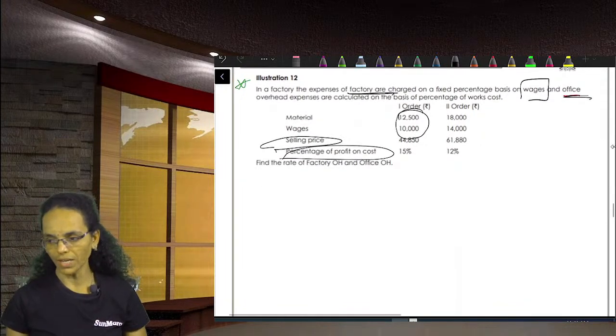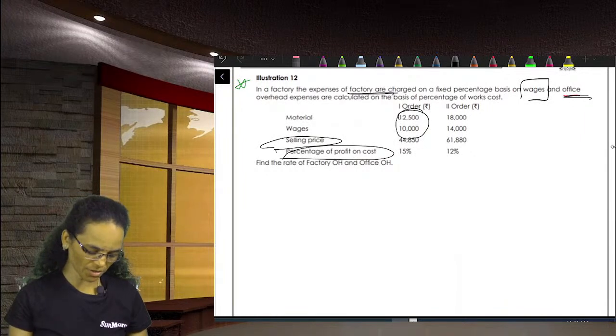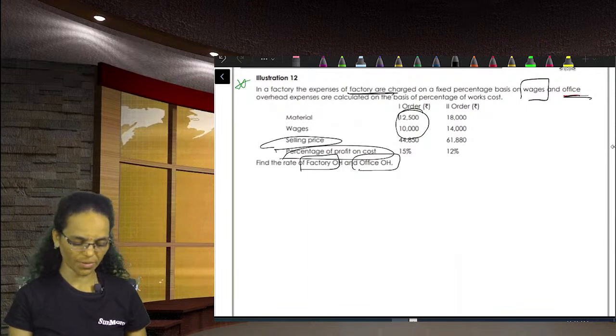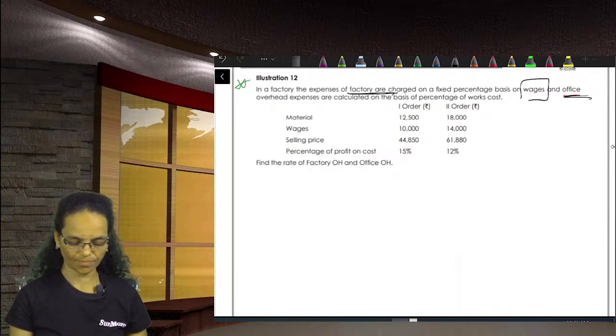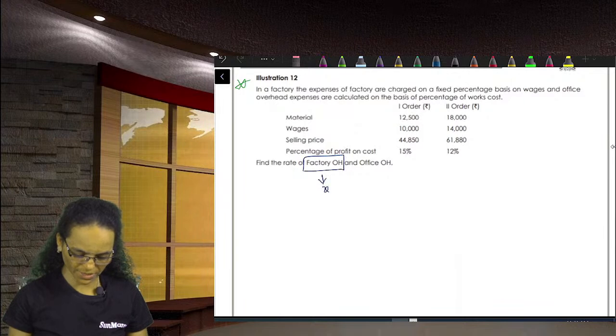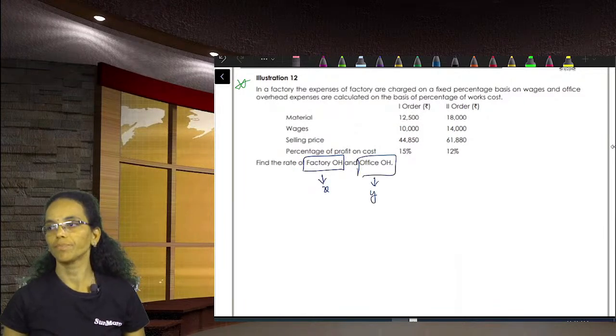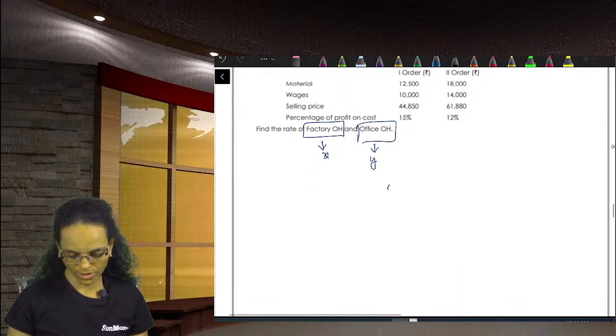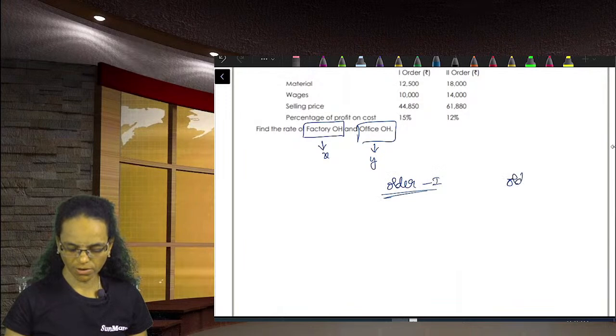So we need to calculate the factory overhead rate and office overhead rate. Factory overhead we don't know, we will assume this as X. Office overhead we don't know, we assume this as Y. We have two orders, order 1 and order 2.